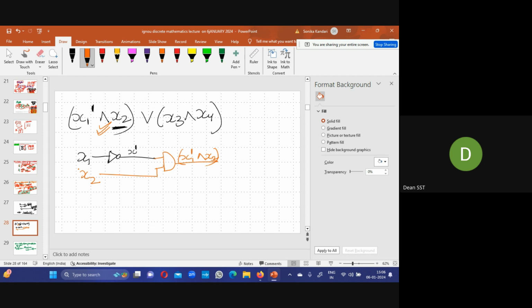Now we have to perform ORing. We need an OR gate. This output will be input for another OR gate. So this is the OR gate. And what is the other input for this OR gate? This is x3 and x4. So for x3 and x4 we need one AND gate. And this is the output, x3 and x4.